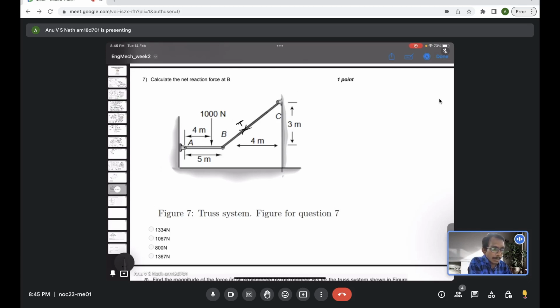So it's not a truss at all. We cannot consider this as a truss. You just need to take a section here, use the method of sections, find the equilibrium condition, and find the tension. Then you will get 1333 or 34. You could try it yourself.